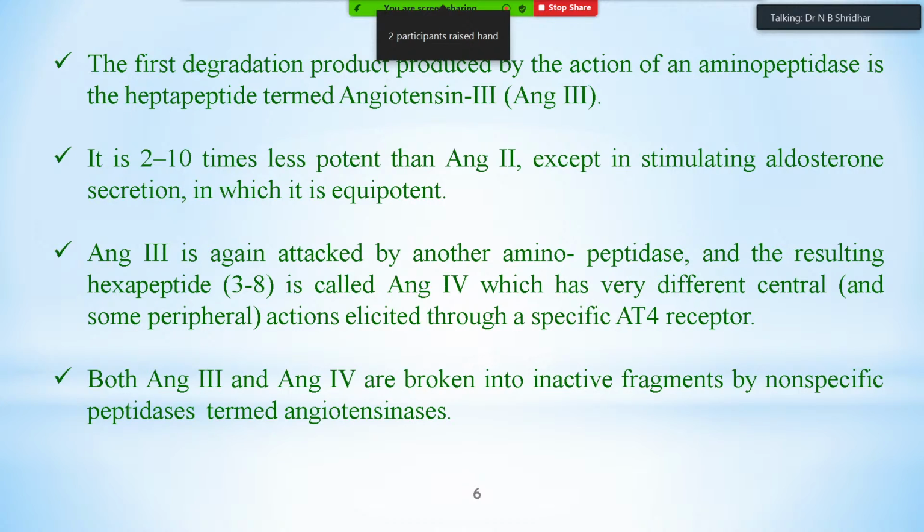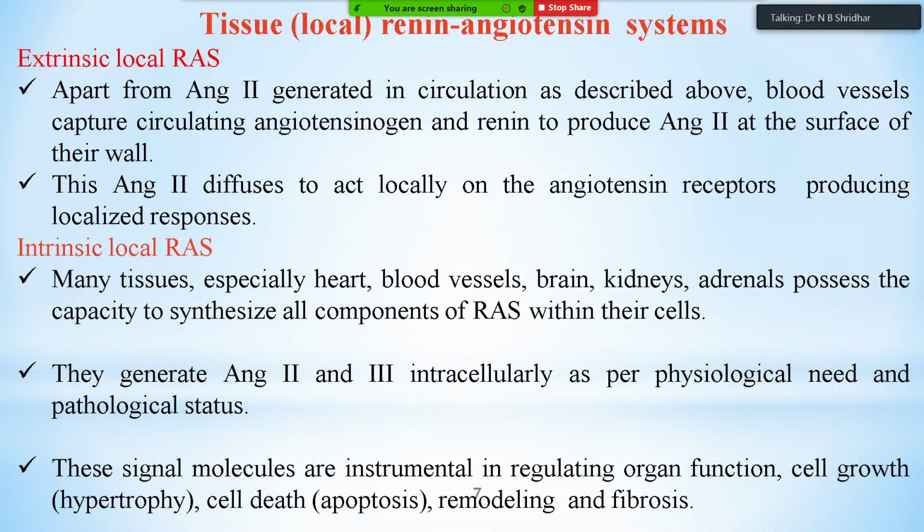So this tissue local renin-angiotensin system is also active, the intrinsic local RAS. Apart from the angiotensin generated in circulation as described above, blood vessels capture circulating angiotensinogen and renin to produce Ang2 at the surface of their wall, and this angiotensin 2 diffuses locally onto the angiotensin receptors, producing localized responses.